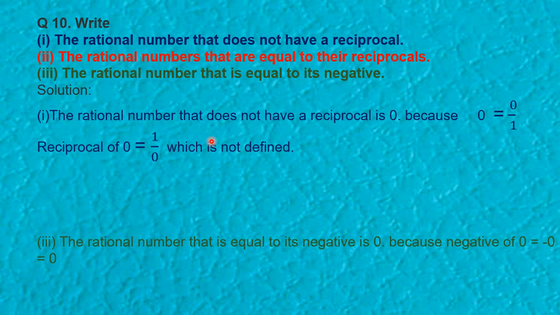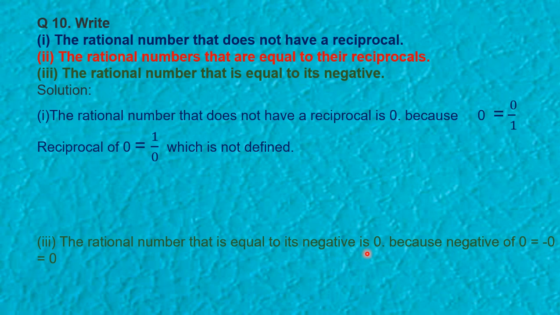The third also asks for the rational number that is equal to its negative. For the third sentence, the rational number that is equal to its negative is 0, as the negative of 0 is minus 0, which is also equal to 0.